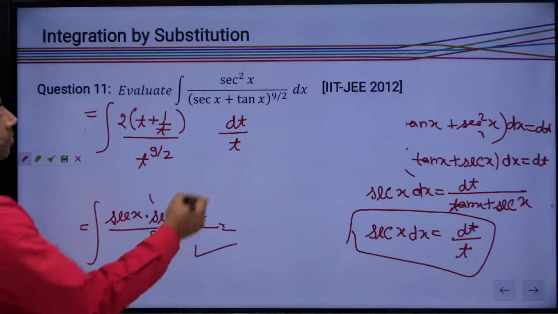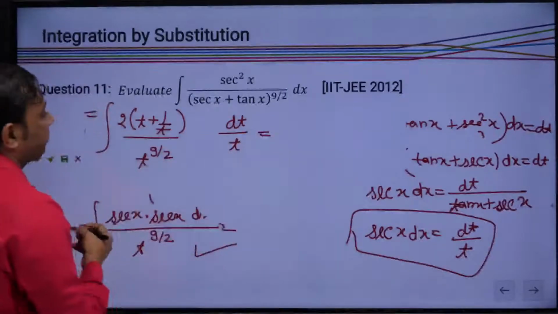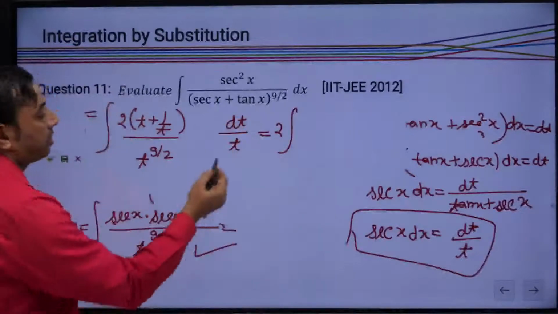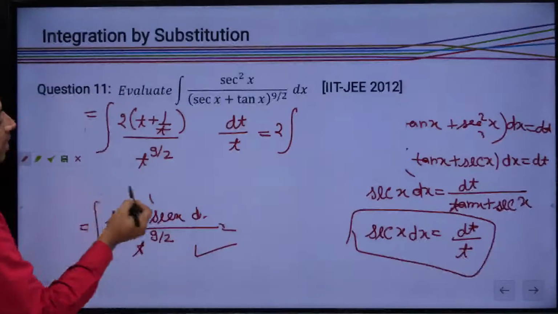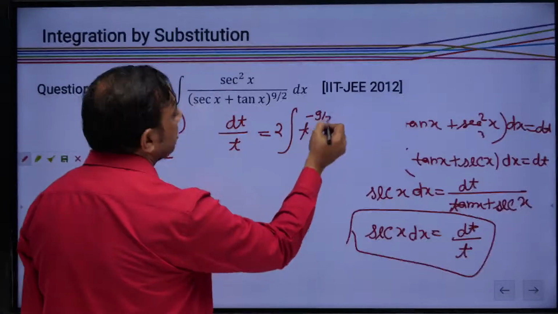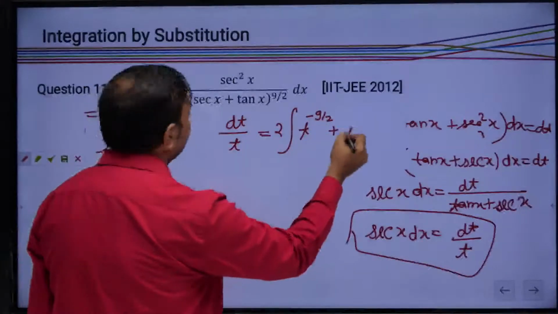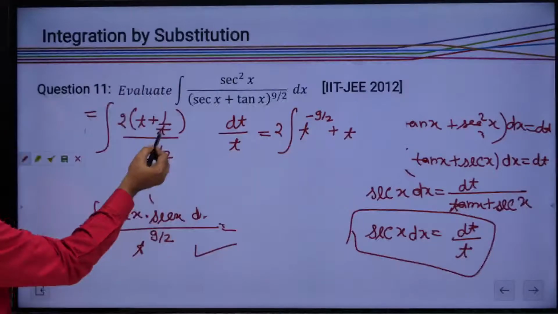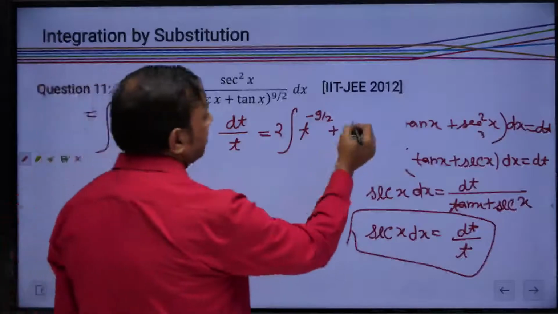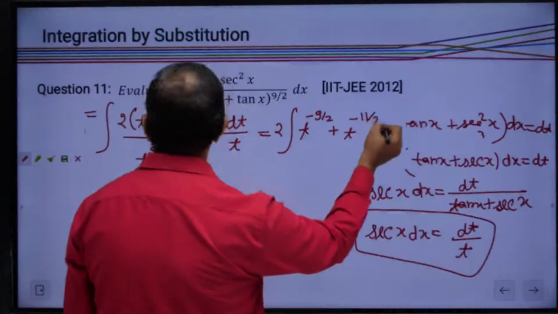Now we can do simple arithmetic here, and this will give us 2 out. This t and this t to the power 9 by 2 can be simplified as t to the power minus 9 by 2 plus t to the power minus 11 by 2 from the 1 upon t term.